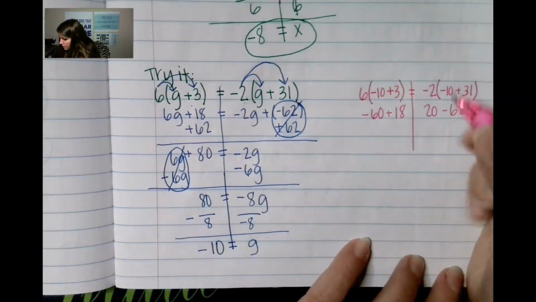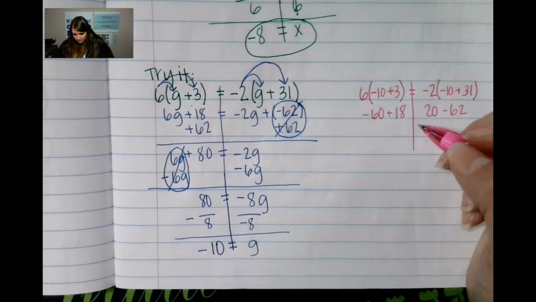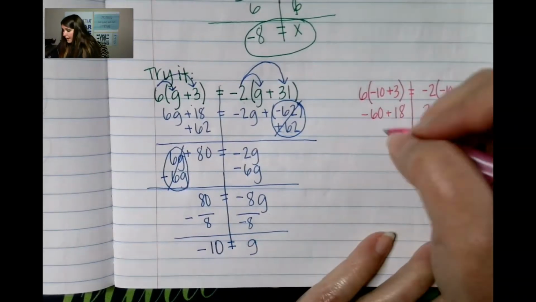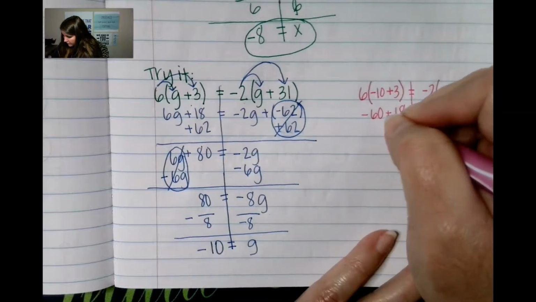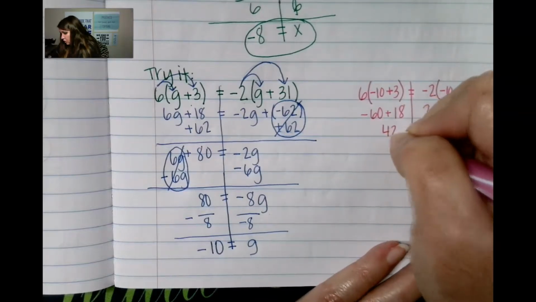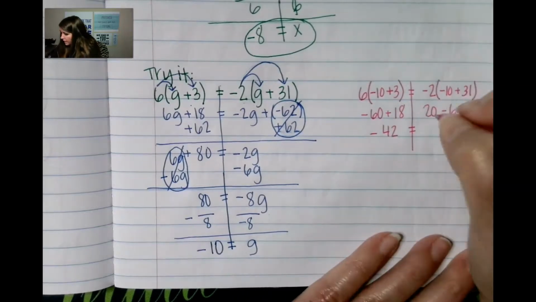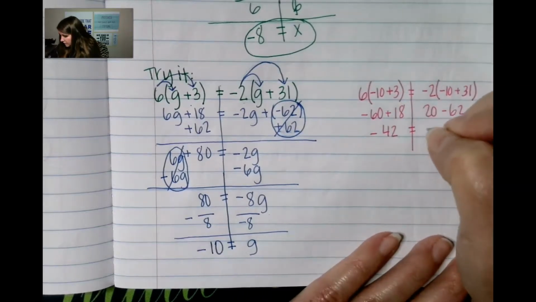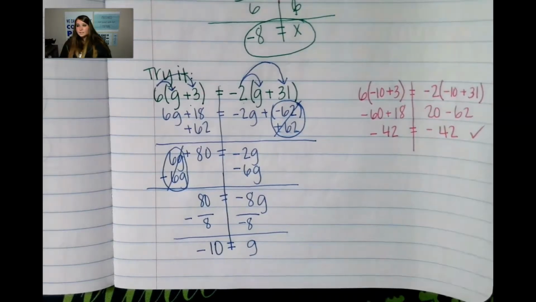All right, so we have -60, but I add on 18, which gives me -42. And I have 20 minus 62 gives me -42. My answer checks out. Whew.